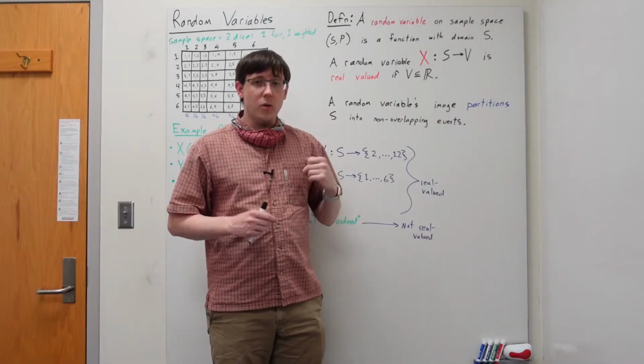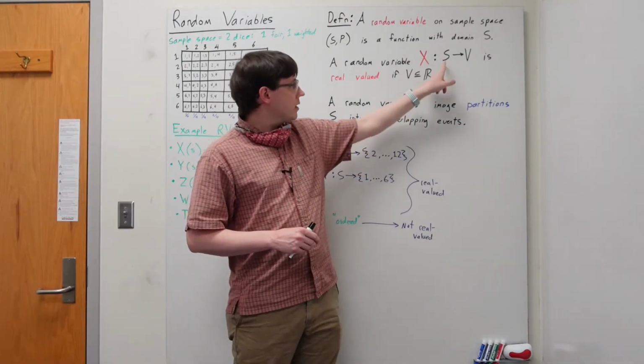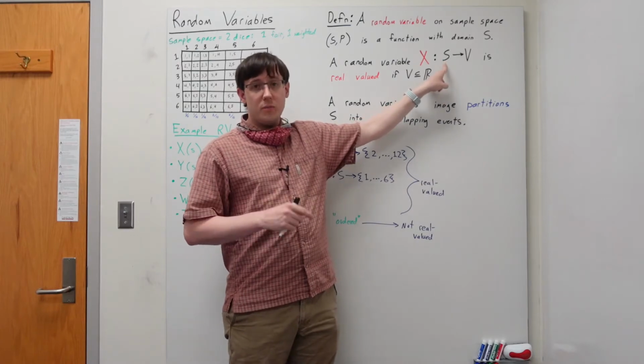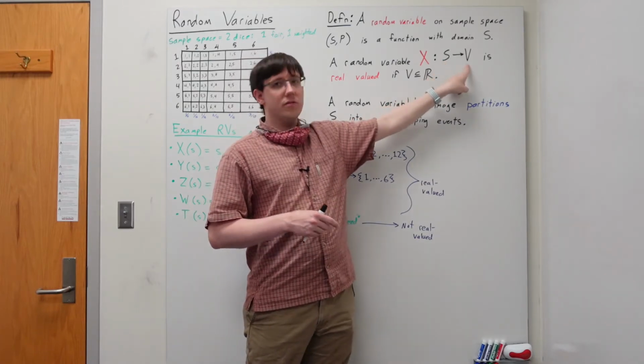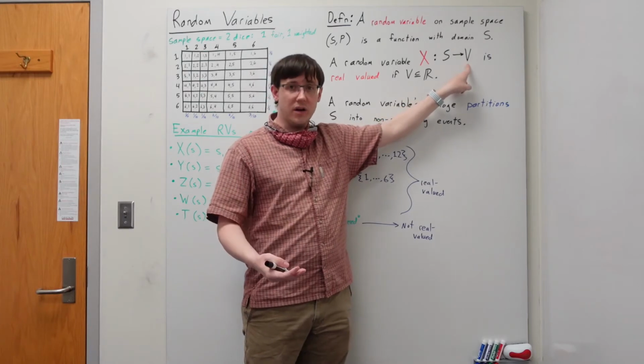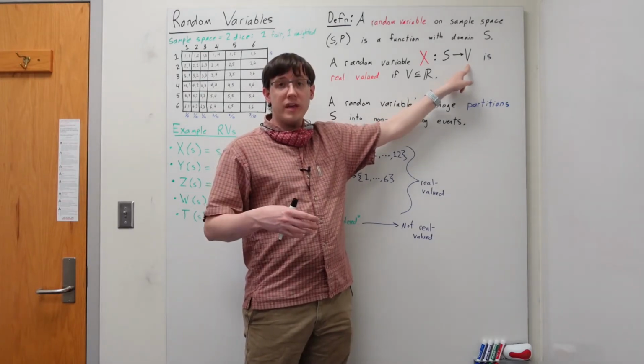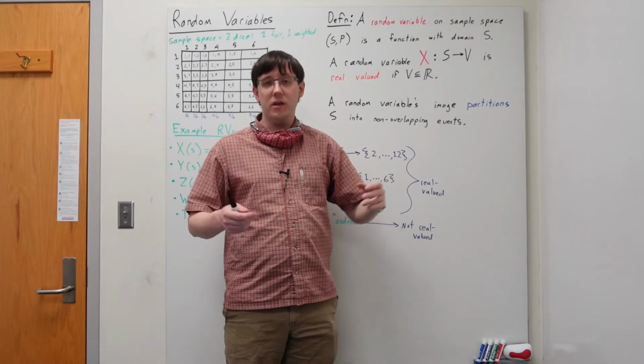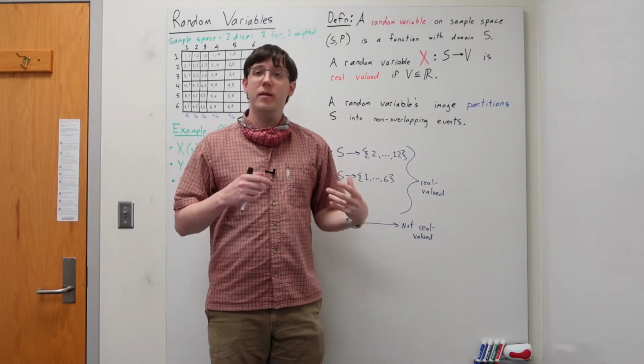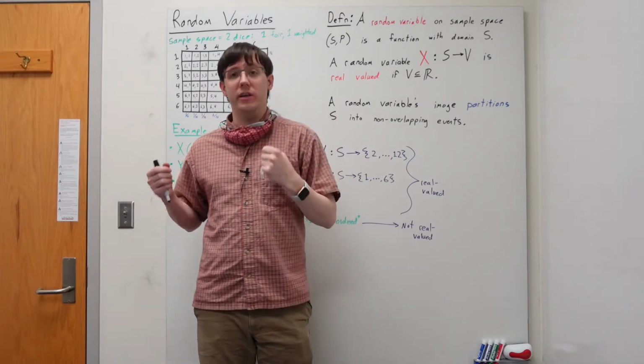Because we defined our random variables as functions that map outcomes in the sample space to values that the random variable takes on, we can think about the event in the sample space where the random variable takes on a particular value.